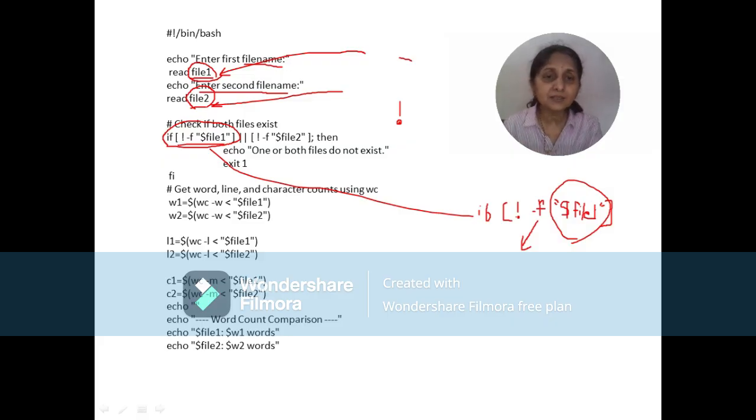How do we negate the condition? Instead of checking whether the file exists, we are checking whether the file does not exist. If not file1, that means file1 does not exist.